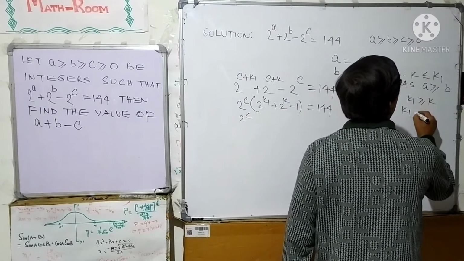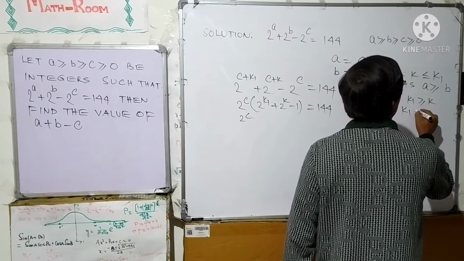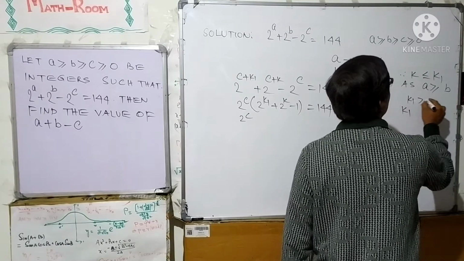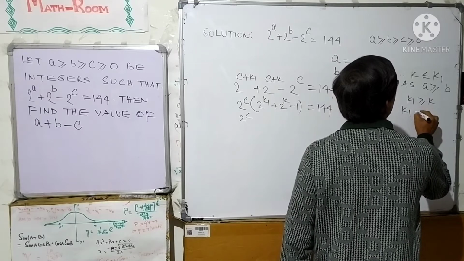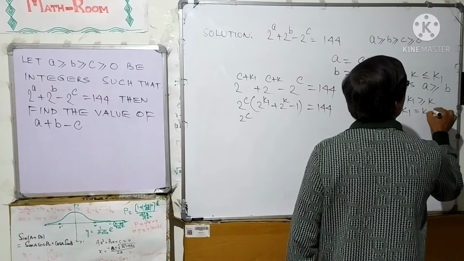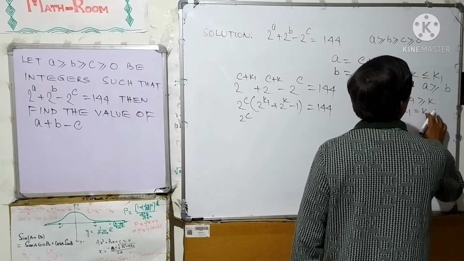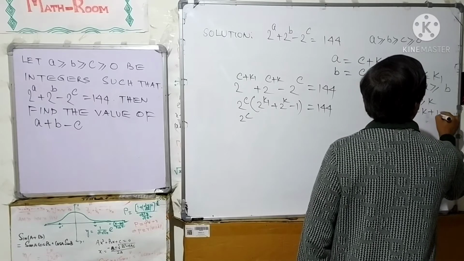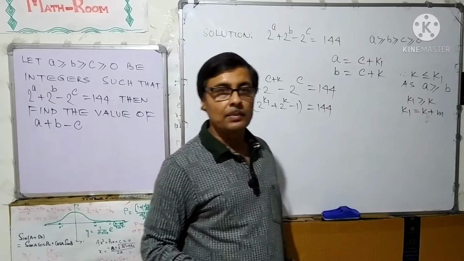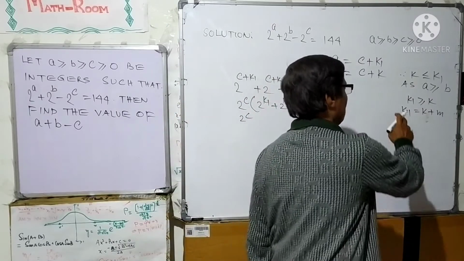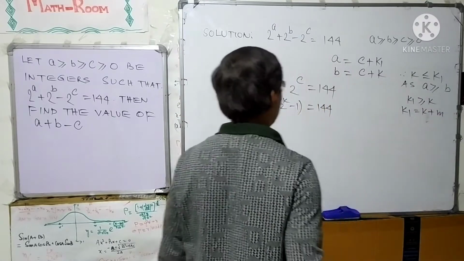So, k1 exceeds k by some non-negative integer, that is k1 can be expressed as k + m, where m is a non-negative integer. So, k1 = k + m.